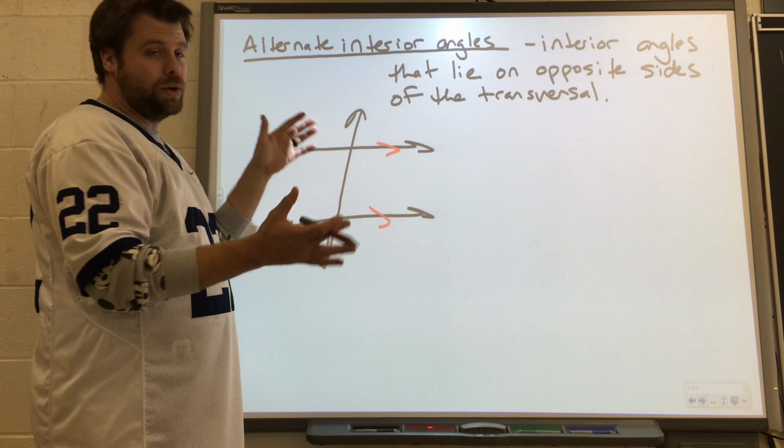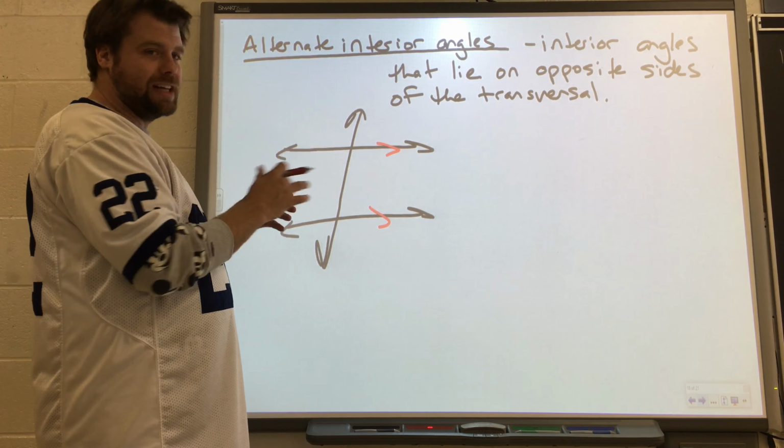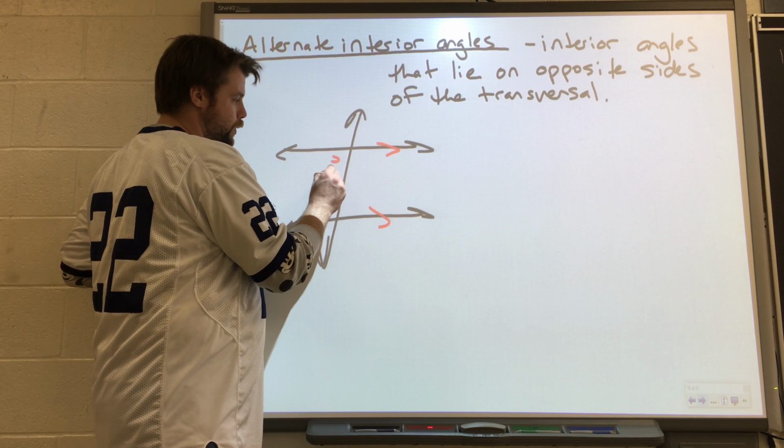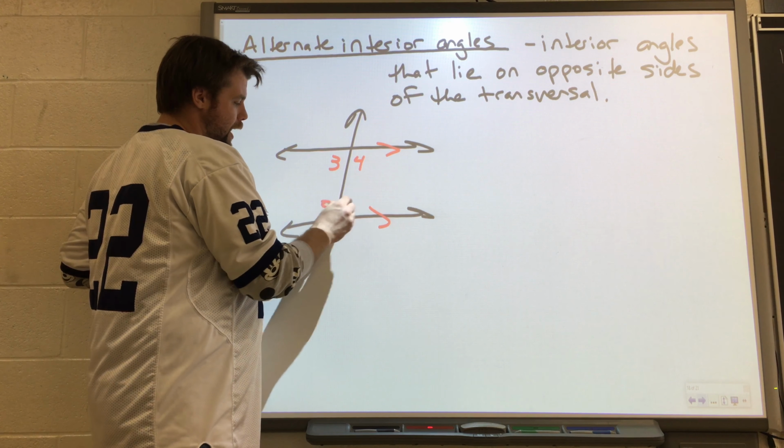So they're interior angles that lie on opposite sides of the transversal. So if I were numbering these 1, 2, 3, 4, 5, 6, 7, 8 again, if you notice, I've only labeled the interior angles, so I can identify what alternate interior angles are. They are angle pairs, 2 of them, that lie on opposite sides of the transversal.